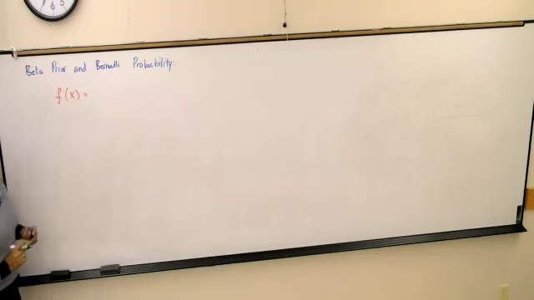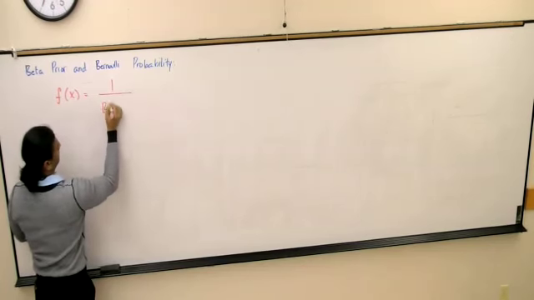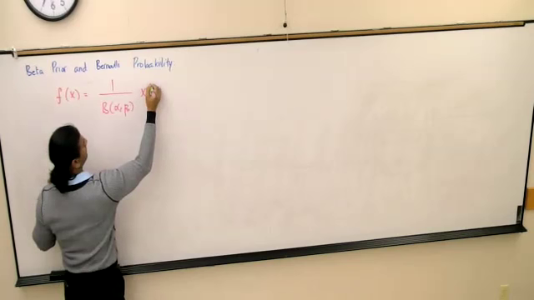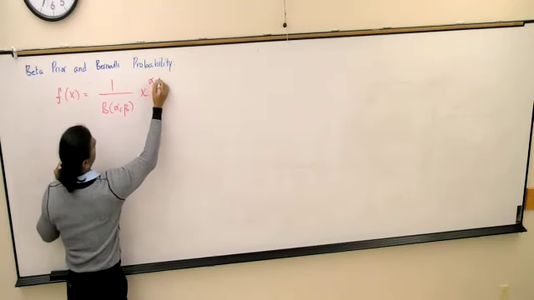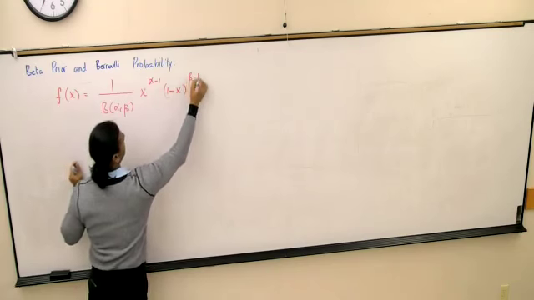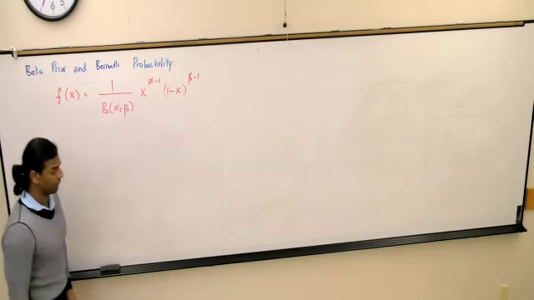What is the density of a beta distribution? The density is 1 over B(alpha, beta), times x to the alpha minus 1, and then 1 minus x to the beta minus 1. And if you use the parameter, then it'll just be theta.